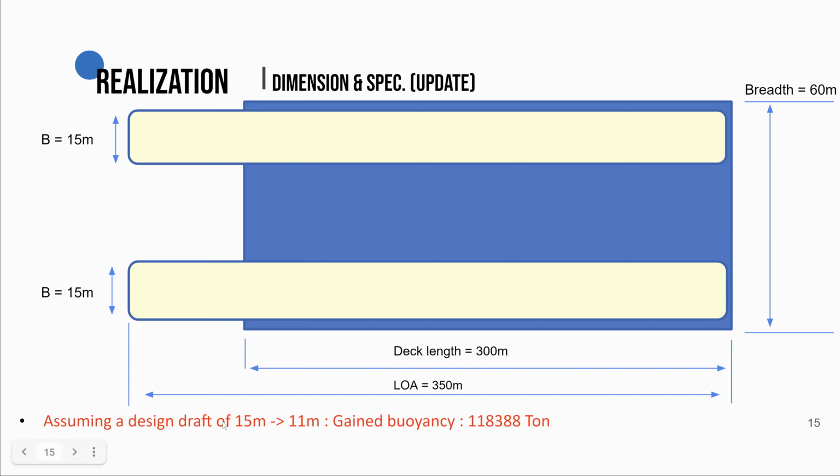But as we have seen, most of the international ports have water depth of about 11 to 12 meter. So we changed our design and we reduced the draft of our cruise ship to 11 meter, and then we updated the buoyancy calculator.